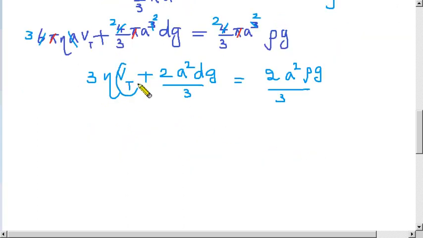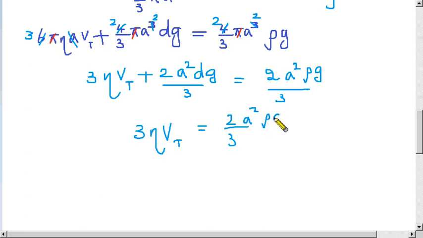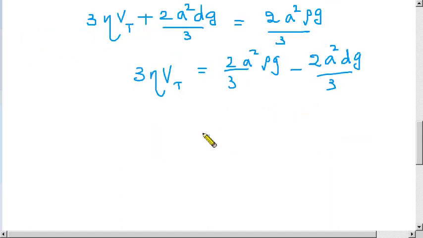So what we want is the terminal velocity. Let us isolate it. 3 η v_t equals 2/3 a squared ρ g, then we take this term to the right, so minus 2 a squared d g divided by 3. Let us take common terms: 2 divided by 3 common, a squared common, g common.